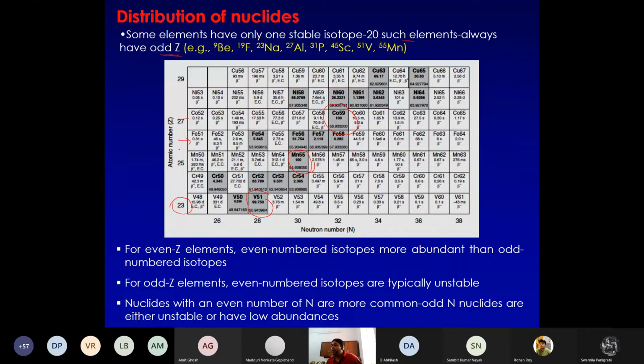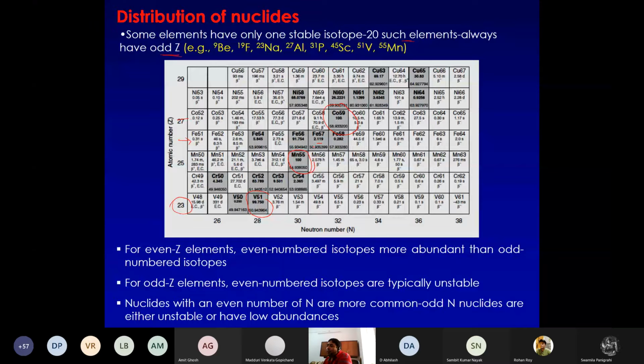If you look at the abundance of the different isotopes of iron, the abundances are given just below the isotope. Iron 54, the abundance is 5.845%. Iron 56, again an even numbered isotope, has an abundance of 91.754%. And iron 57, an odd numbered isotope, has a very low abundance.